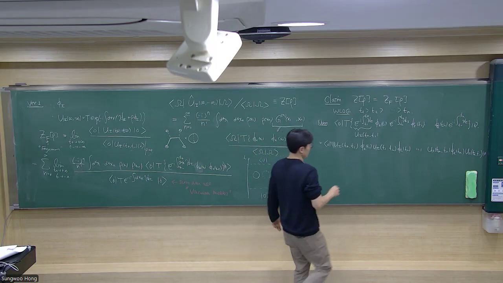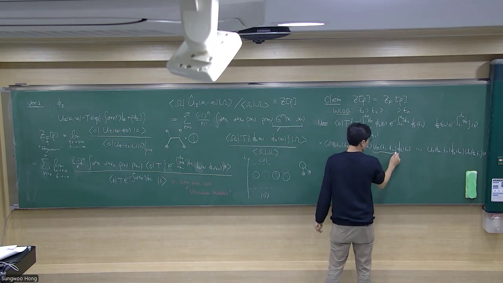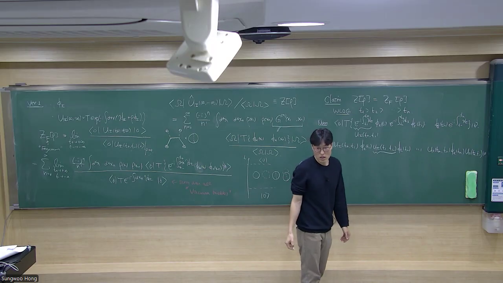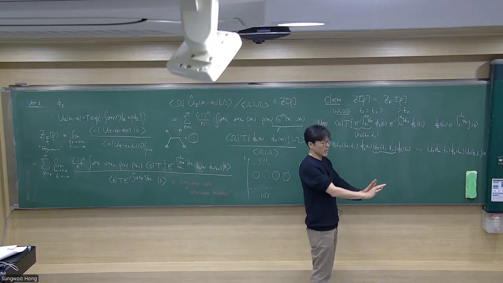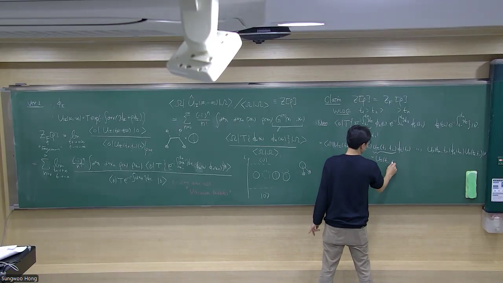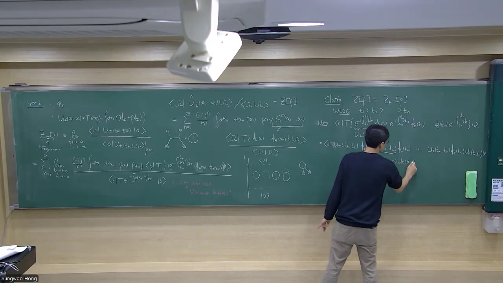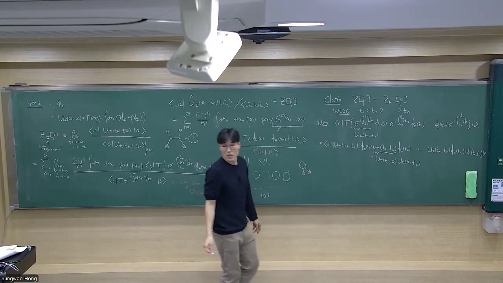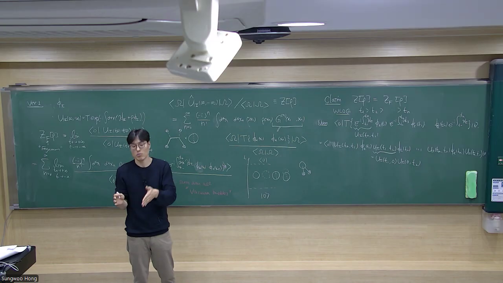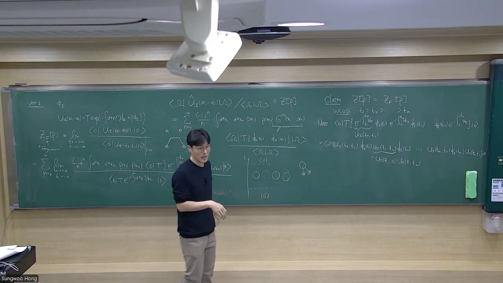Now, recall that any of this satisfies the group multiplication law. So this can be written as a product of two elements, such as U_I of t1 to some intermediate time. Let me call that intermediate time 0. You can already split this evolution from one time to the other as one time to 0 and 0 to another time.